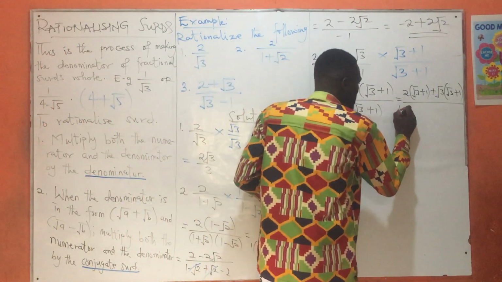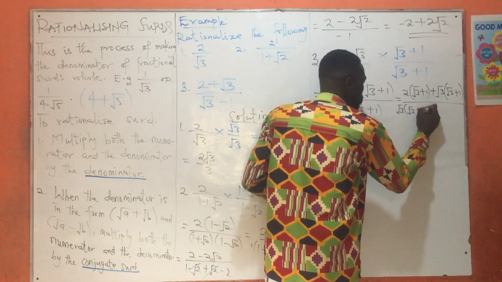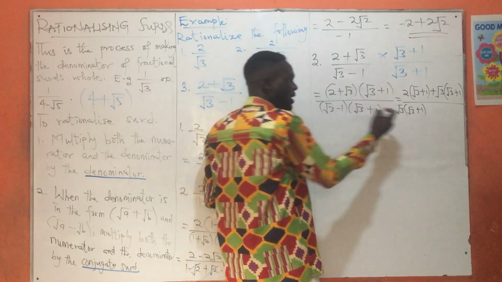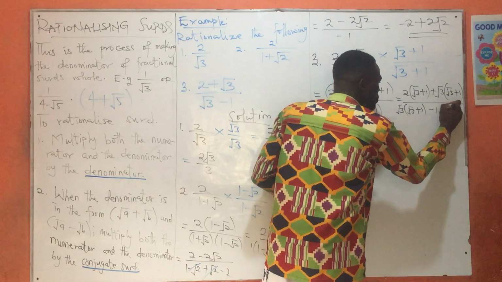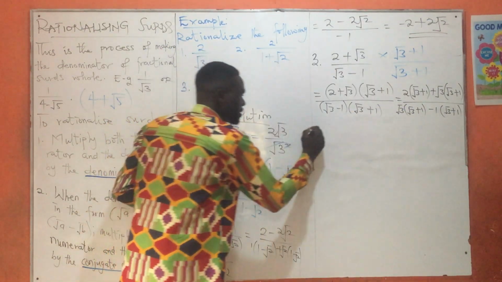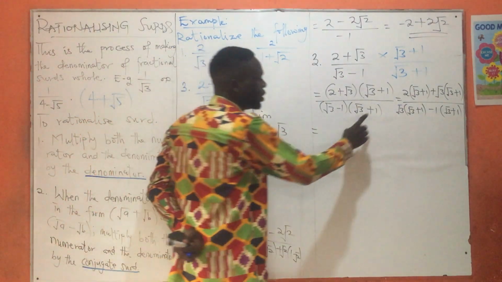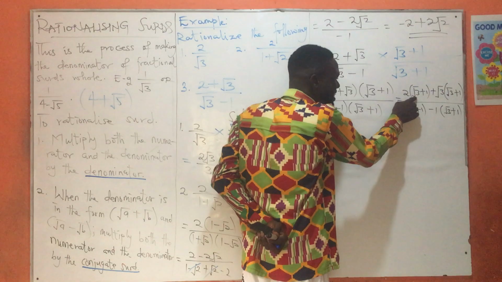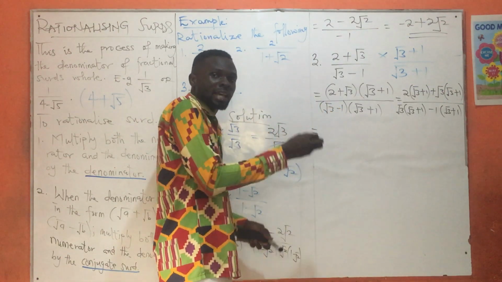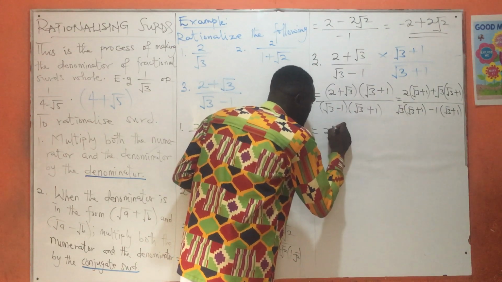So we have root 3 multiplies root 3 plus 1. Then you have minus 1, so minus 1 bracket of root 3 plus 1. So let's take it step by step. From the numerator, you have 2 times root 3. 2 times root 3 will give you 2 root 3.